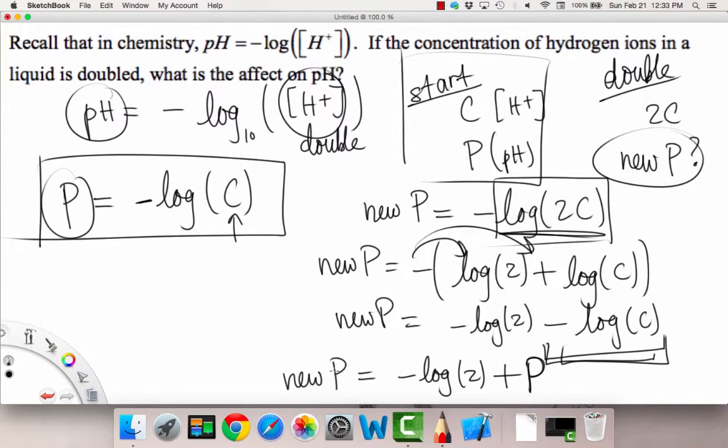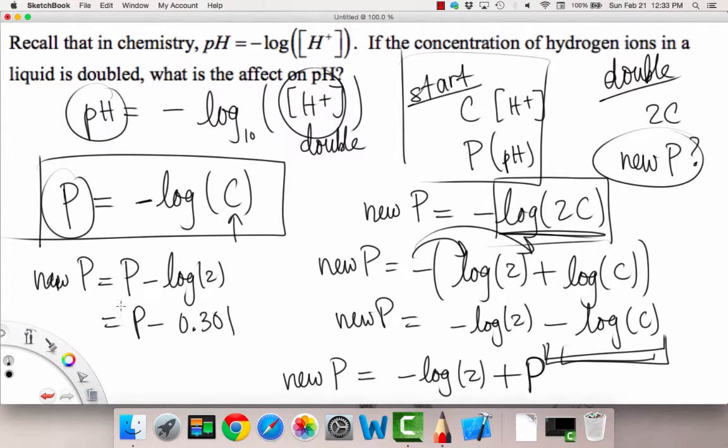Our new pH is going to be equal to the original pH minus log of 2, okay? And if you plug that into a calculator, you'll get something around 0.301. Okay, so that is how doubling the concentration of hydrogen ions here affects our actual pH.